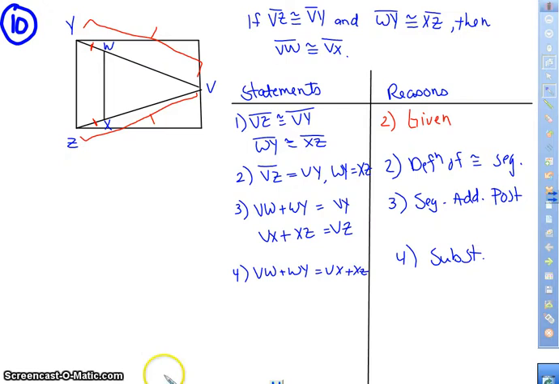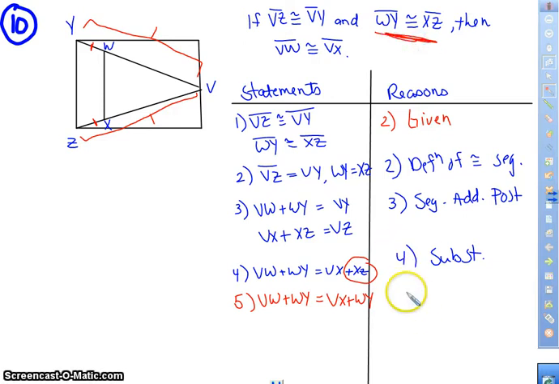So you're going to want to substitute either, it's up to you, the WY is XZ or the XZ is WY, so then I can use the subtraction property and get rid of those two, okay? So I'm going to substitute VW plus WY, that's what I'm going to choose to keep, is VX plus WY. So I have substituted XZ for WY because I can.